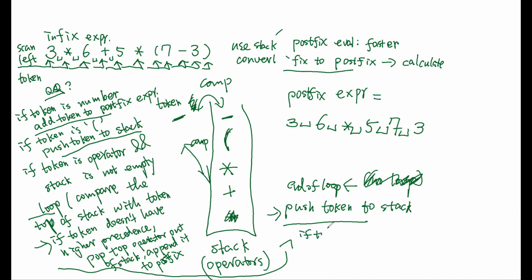If token is right parenthesis, here is the rule: you pop the top of the stack out. So I pop the minus out, and then I append it to my postfix expression.